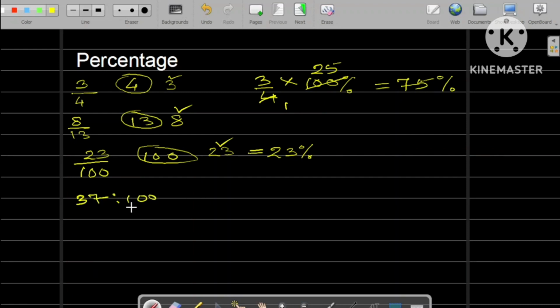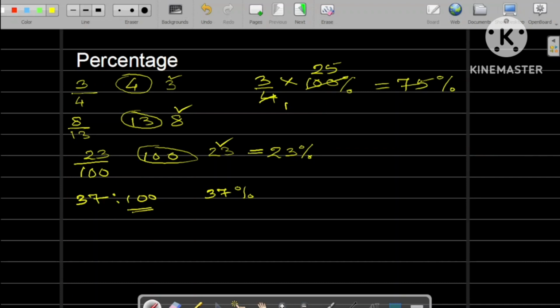In this ratio, the second term is what? It is 100. So we can denote this ratio as 37 percent. As simple as that. We are coming to know about various ways of representing a fraction or a ratio as its percentage equivalent.